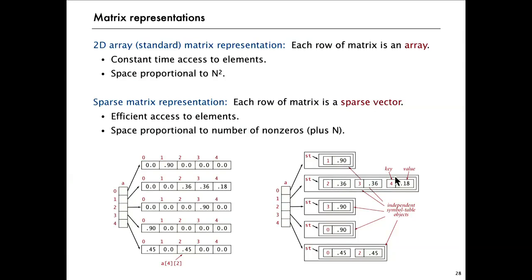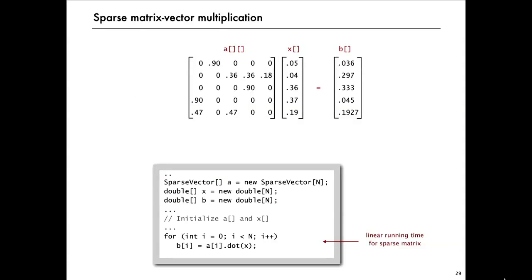We can iterate through the elements in constant time, and with the hash table even get at them in near constant time, constant time on average. But the space is only proportional to the number of non-zero elements, plus n for the extra symbol table overhead. Those are independent symbol table objects, but they allow us to have a much more efficient matrix multiplication method.